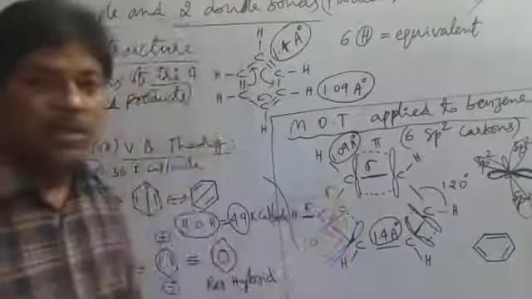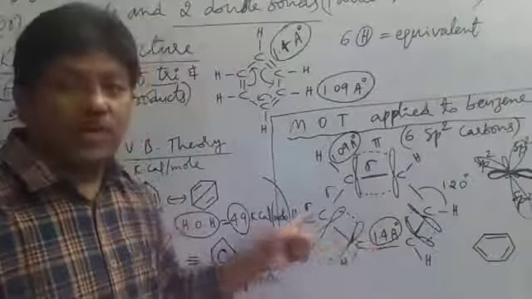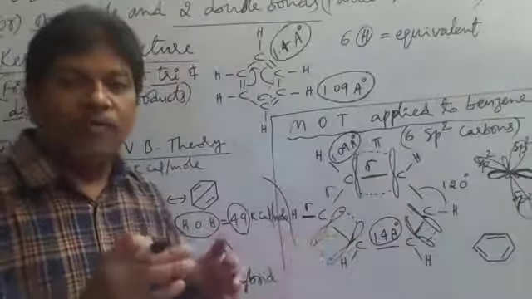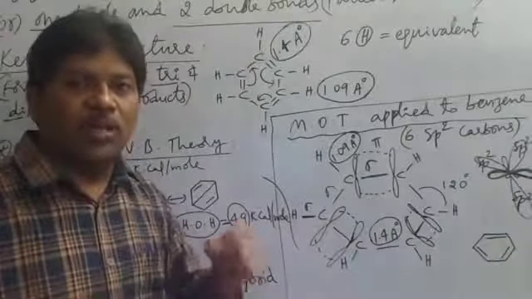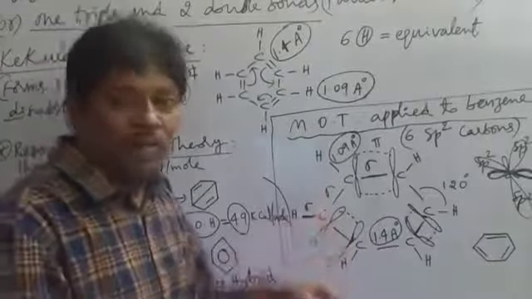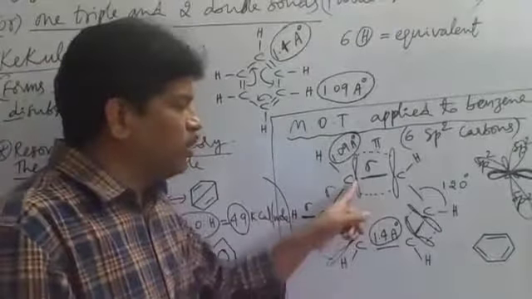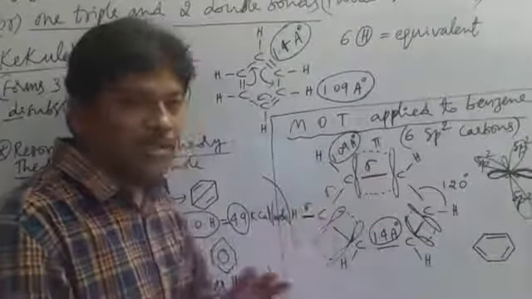Sigma bond. So between any two carbons, one sigma bond is formed by the overlap of the sp2 hybrid orbital of one carbon and the sp2 hybrid orbital of the adjacent carbon. So like this, an sp2-sp2 sigma bond will be formed between carbon atoms. Is that clear?